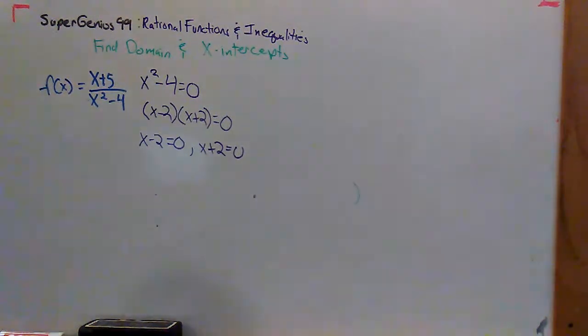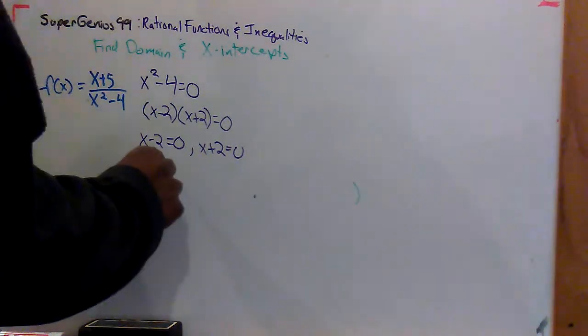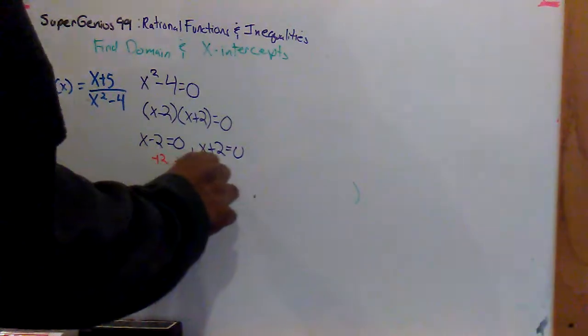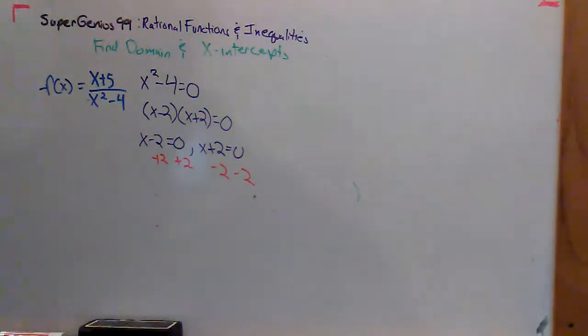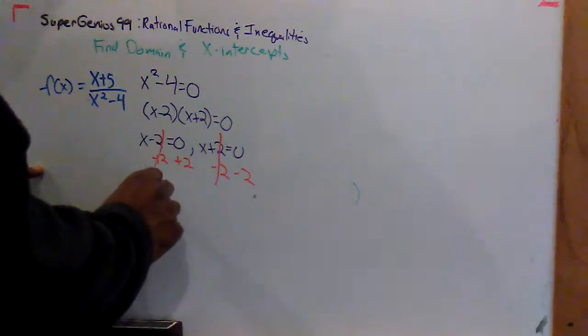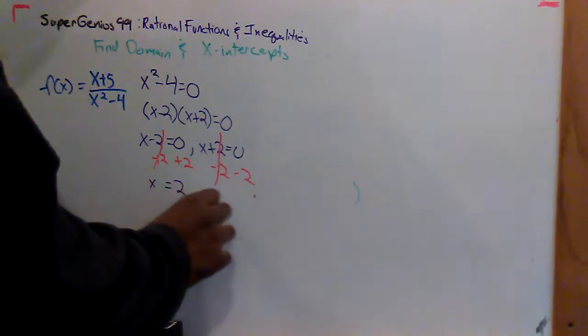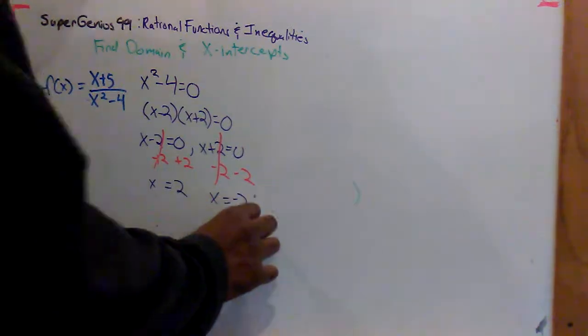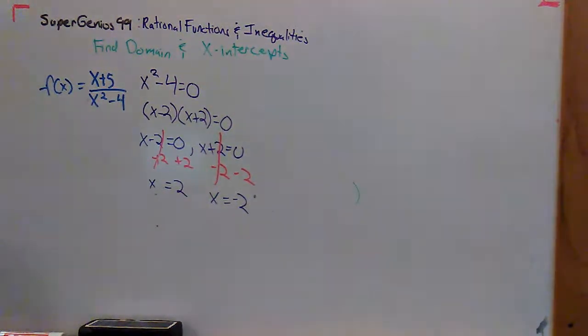Okay, and then solve them both, so you can see you just add 2 on one side and then subtract 2 on the other side. Here, I'll give you the details for those who want it. Okay, and then continuing on, that is what your domain cannot equal.